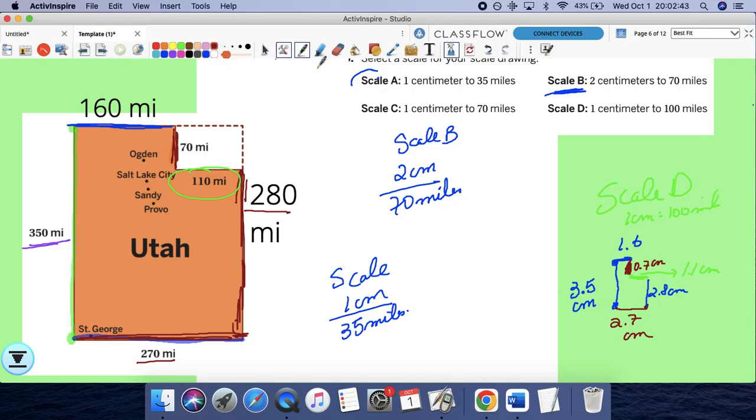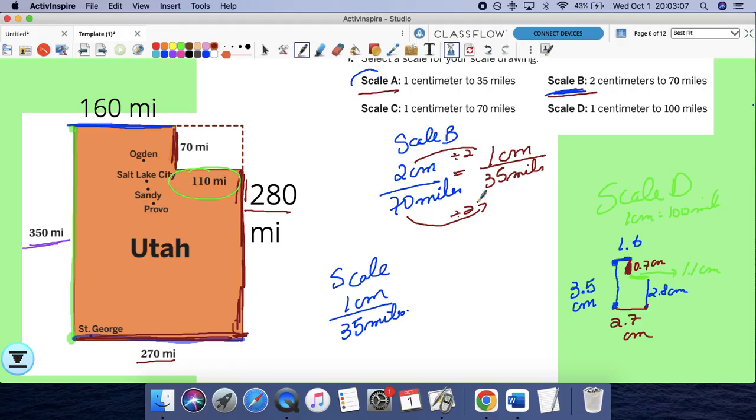Let's simplify scale B. So instead of 2 centimeters, we write 1 centimeter. How do the two become 1? We can divide by 2. If I repeat the process at the bottom, 7 divided by 2 is 3.5 miles. So notice that scale A and scale B are exactly the same. They're both equivalent ratios.